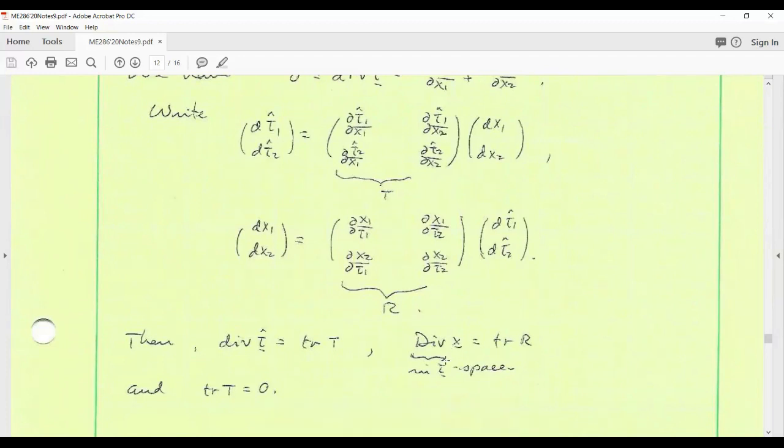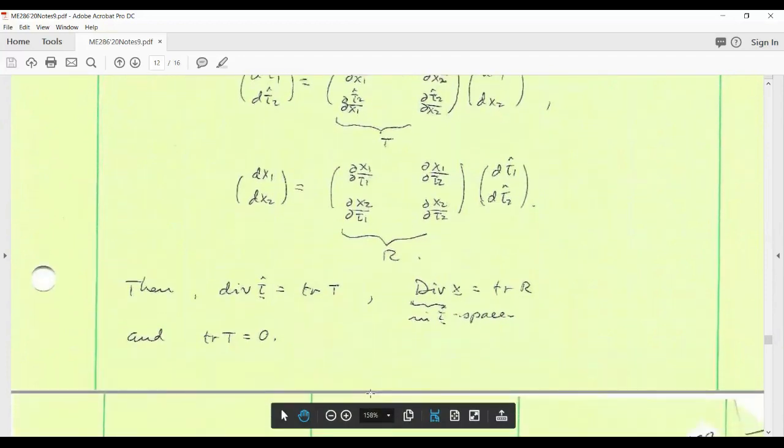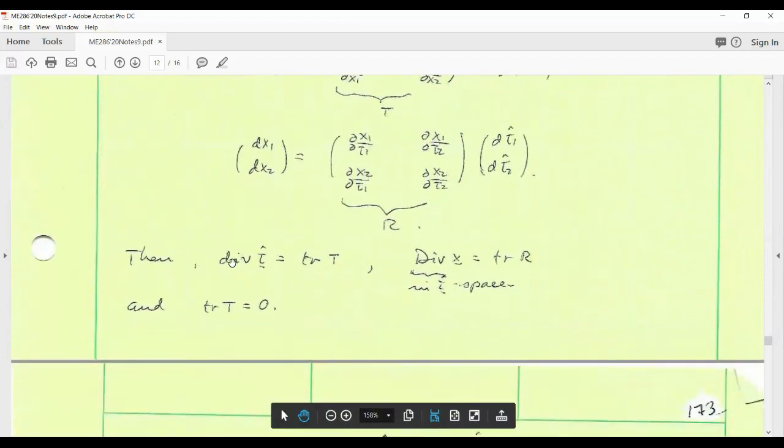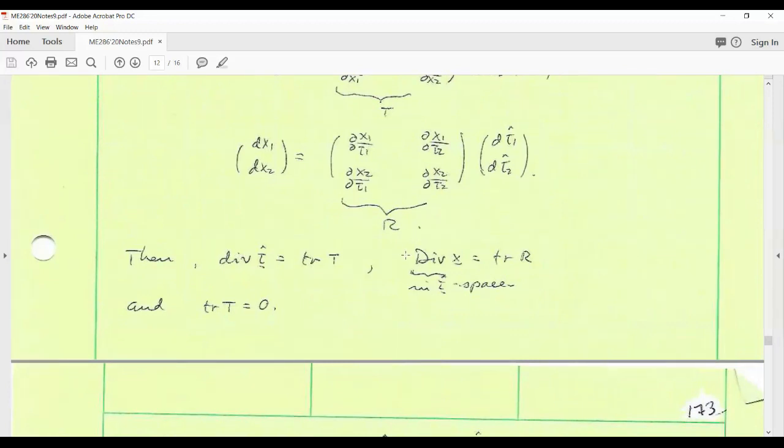The divergence of position referred to stress space, that's just the sum of the diagonals of R, it's the trace of R. So having a differential equation I know is satisfied in X1, X2 space, namely div tau hat equals 0, I'm trying to look for a differential equation for X that's satisfied in tau hat 1, tau hat 2 space.